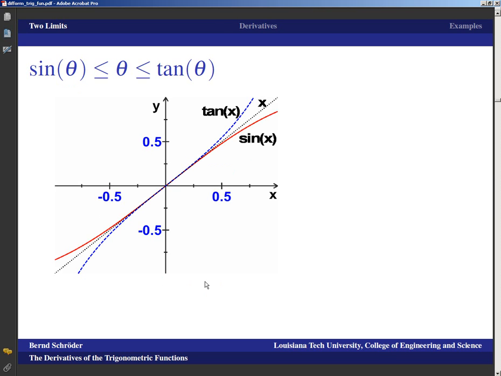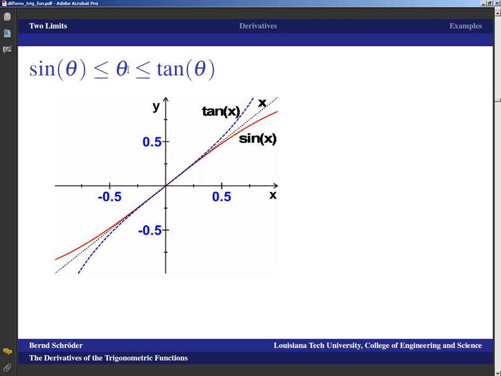And another way, and again, this connects to things that you may well see in physics classes as well as engineering classes or science classes. Pictorially, if we look at the graphs, we can see that sine x is less than or equal to x, which is less than or equal to tangent x, for x between 0 and pi over 2.